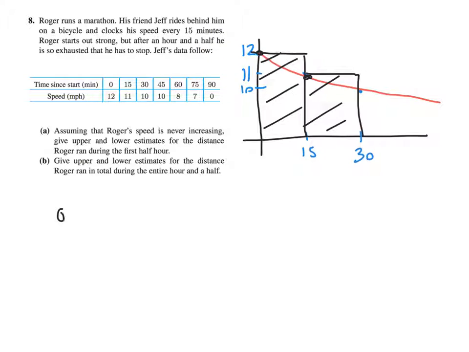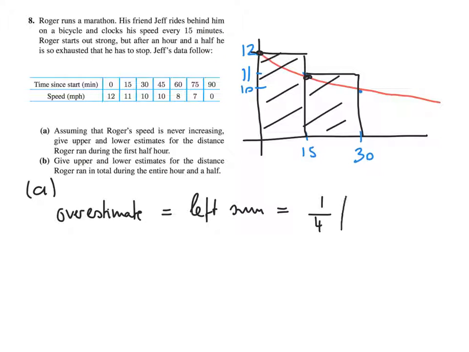So the overestimate in this case is the left sum. So this is for part A. Part B is similar, of course: 1/4 times 12 plus 11.